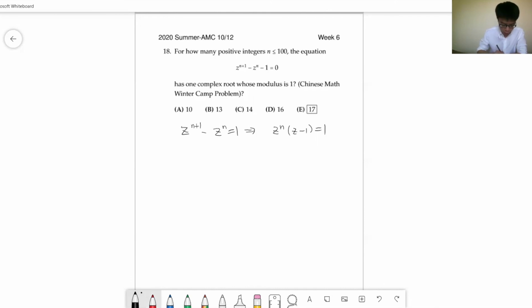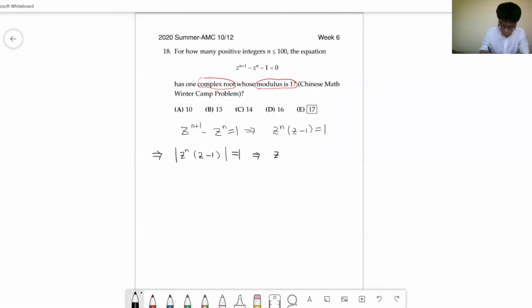So here we know that this equation has a complex root whose modulus is 1. So we can take the absolute value, the modulus, of both sides.